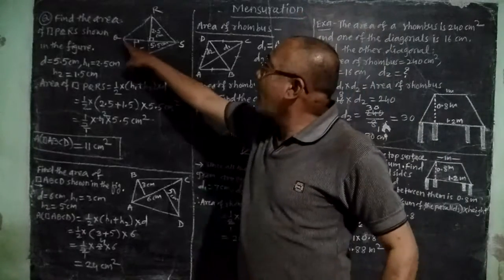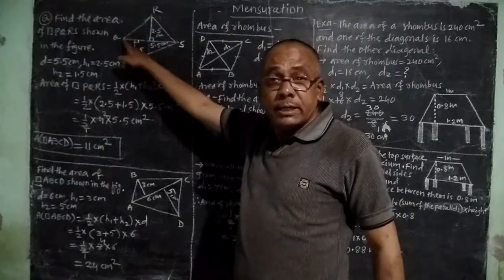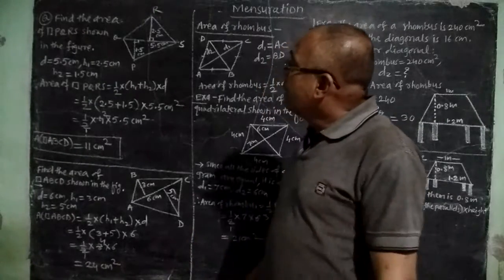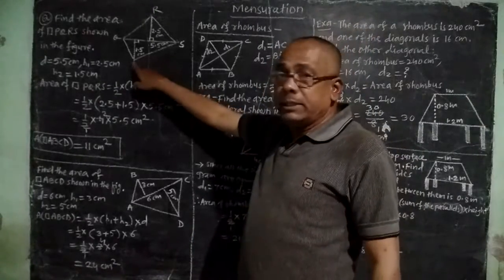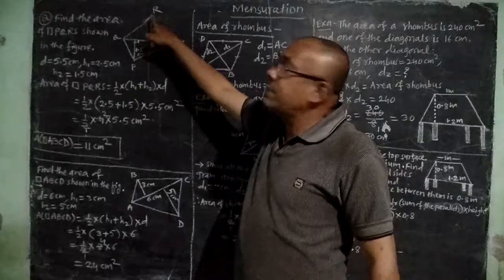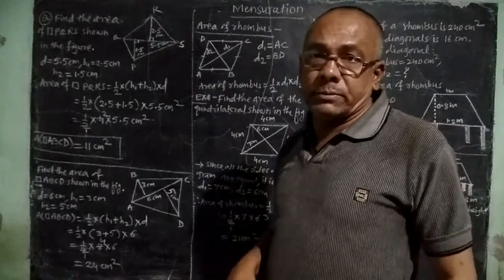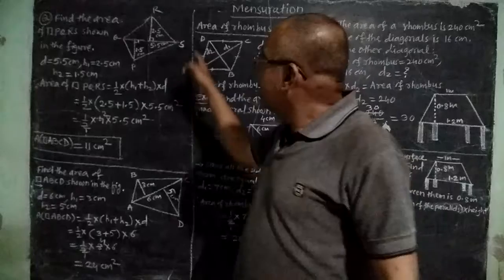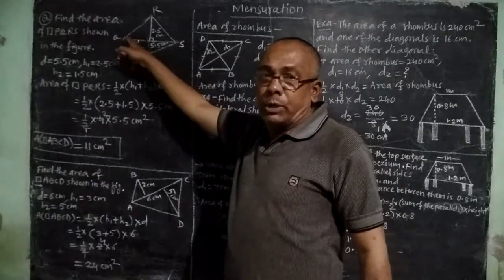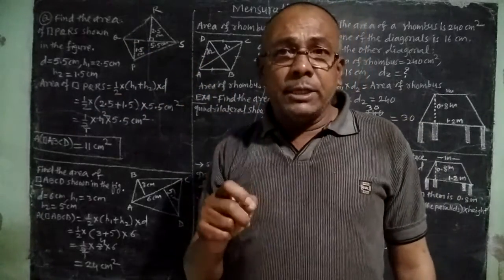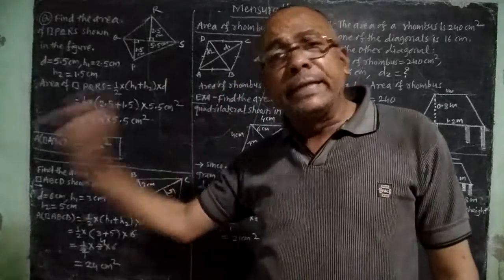Here the diagonal which we have drawn is the common base, and from the vertex P as well as vertex R, we have drawn perpendiculars on the base or the diagonal, and these perpendiculars are the heights of both the triangles.